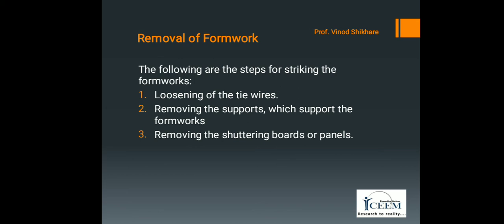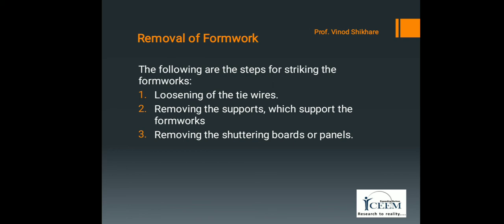Therefore, removal of formworks should be carried out in a careful and orderly way. Formwork should not be removed without specific instruction from the engineer or site engineer present at the site.